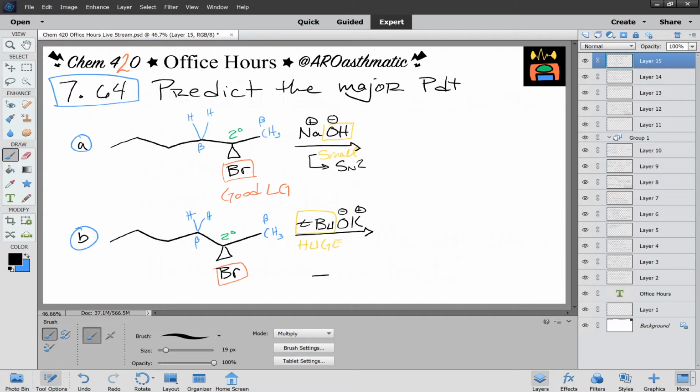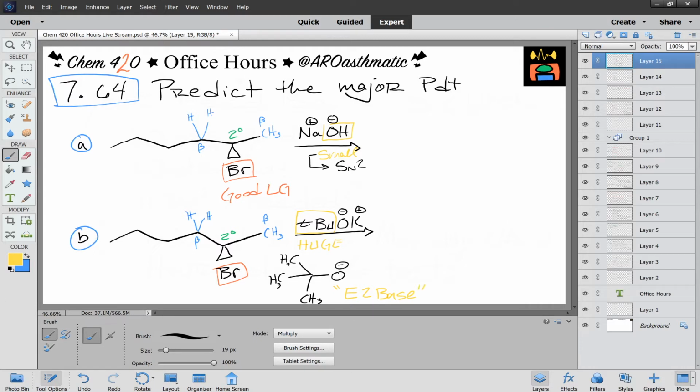If you actually draw the molecule out, it looks like this, and I'm not even drawing all the CH bonds. Tert-butoxide is so large, it gets a nickname: the E2 base.